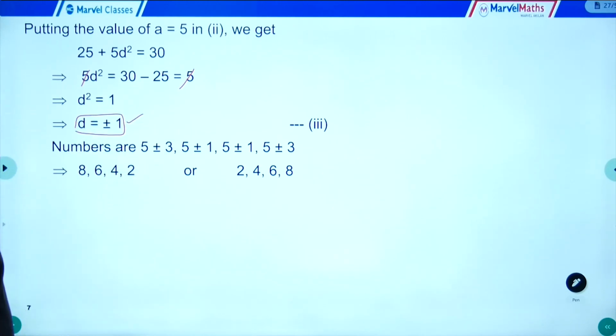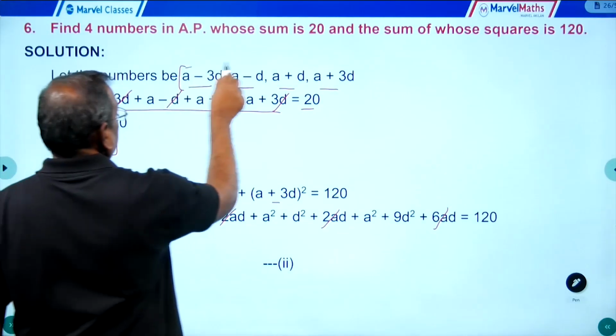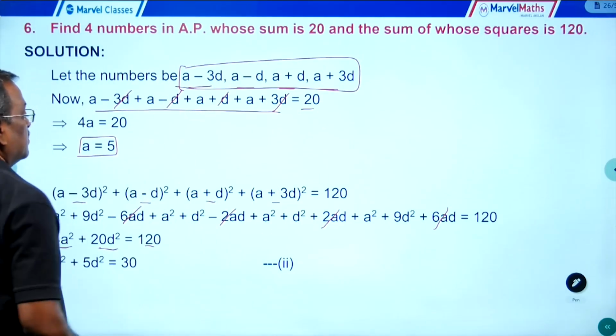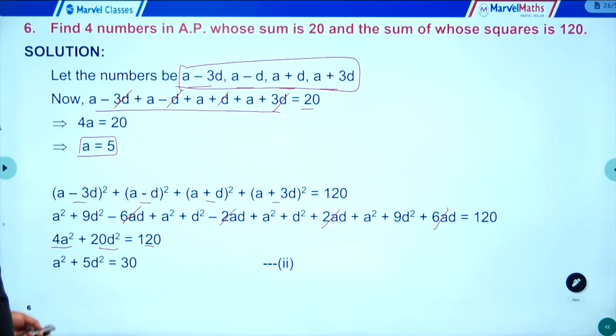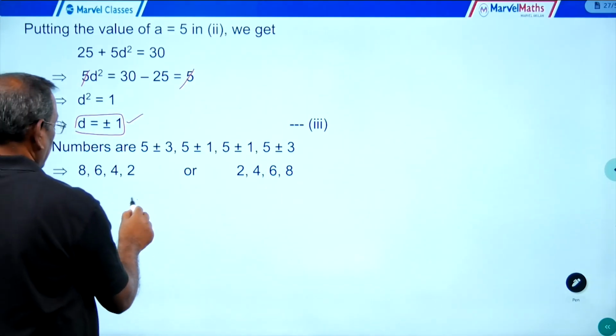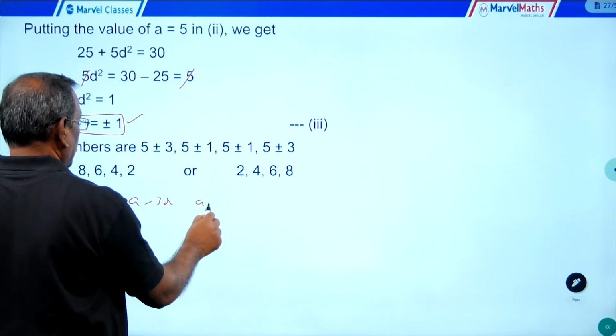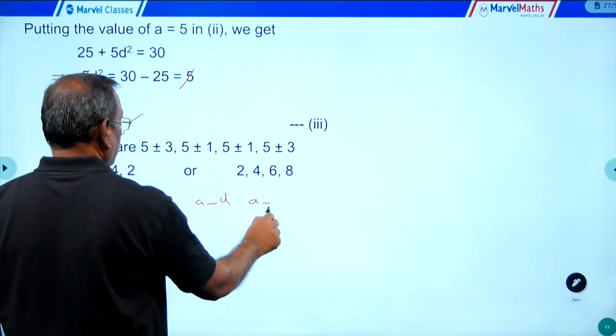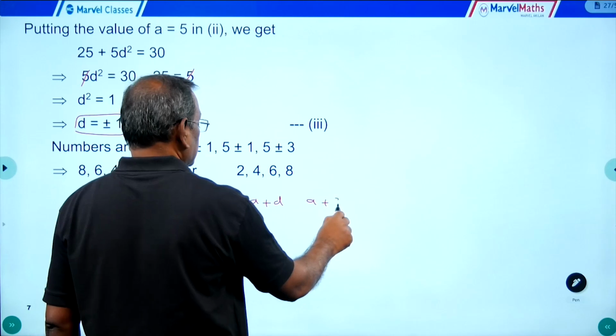Substitute d equals plus or minus 1 in this assumption to find a minus 3d, a minus d, a plus d, a plus 3d.